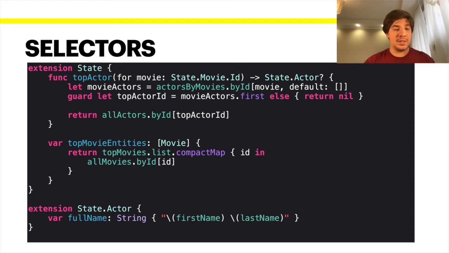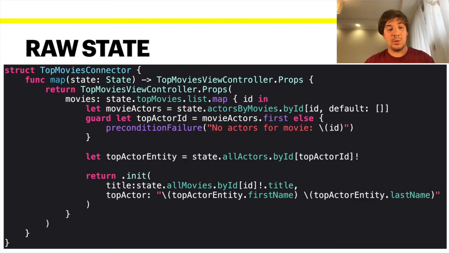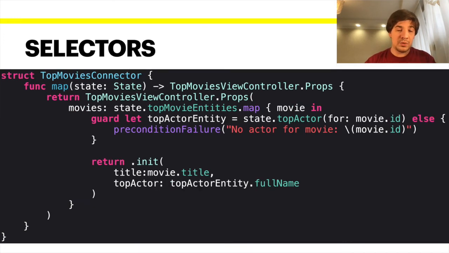And the last selector is a full name. It's a nice reusable piece of actor information that we want to access. While with raw state access patterns we have all these IDs all over the place and all the logic, we can improve it a little bit using selectors. Now we can access the functions that will do some kind of reused logic, and we basically simplified our selectors and connectors a little bit.